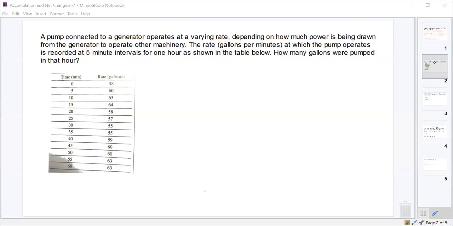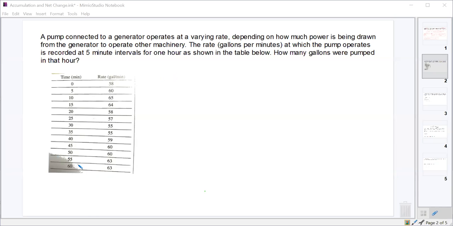Devise a function and then use an integral of that. We need to write a function for the problem. All right, it'd be really cool if we could get a function for this, right? But unfortunately, all we're given is a bunch of data points.